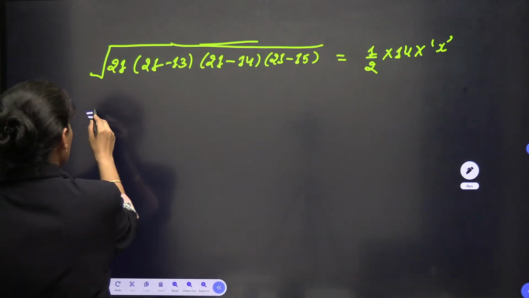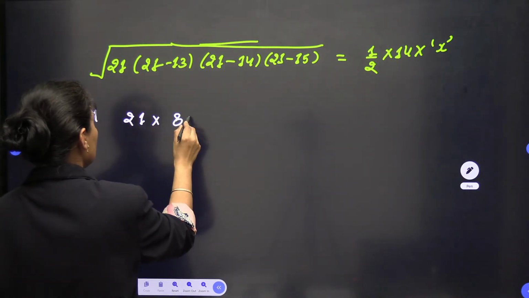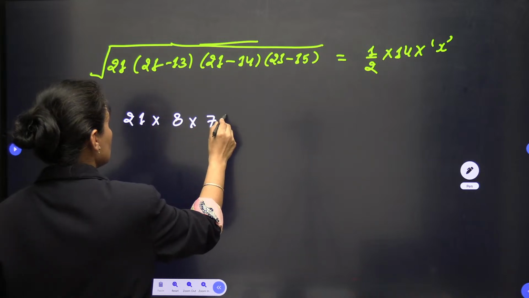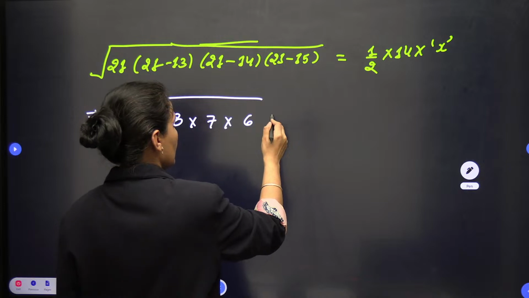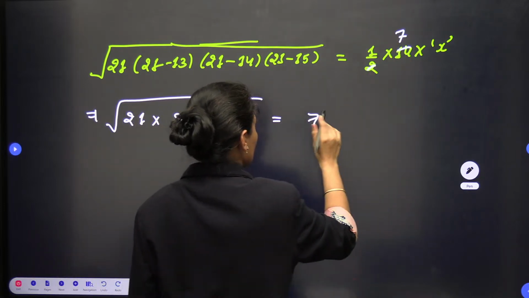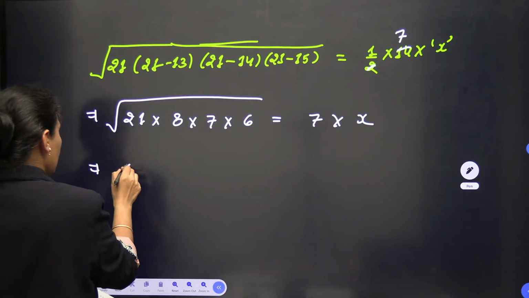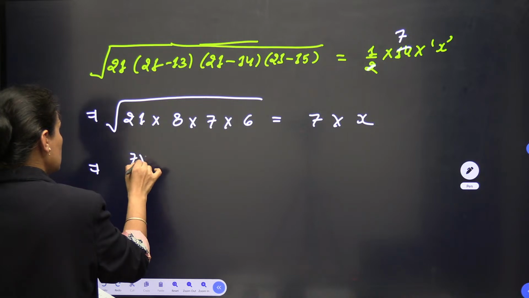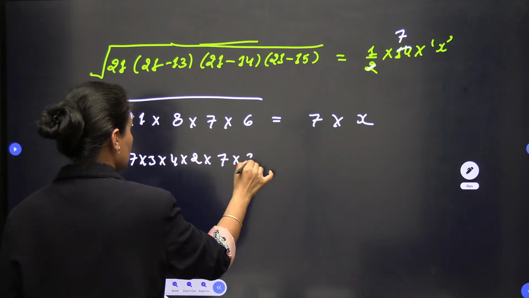Alright, so when we solve, 21 is as it is, 21 minus 13 gives 8, this gives 7, and this gives 6. I can write 8 as 2 into 4, and then 7 into X on the other side. We can break this as 7 into 3, this as 4 into 2, this 7 as it is, and this as 3 into 2.